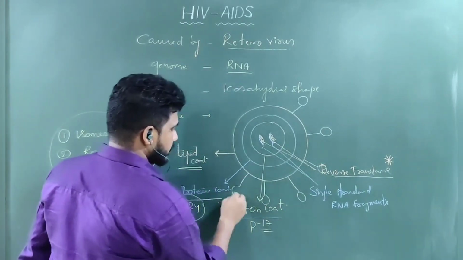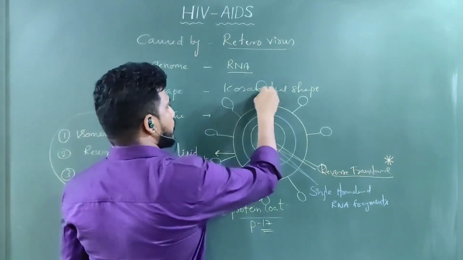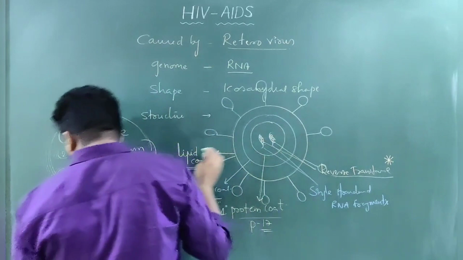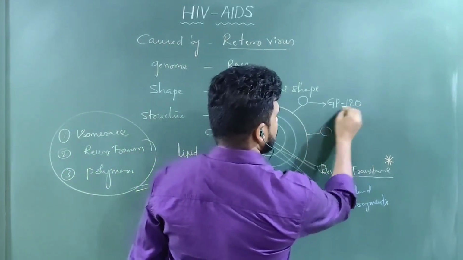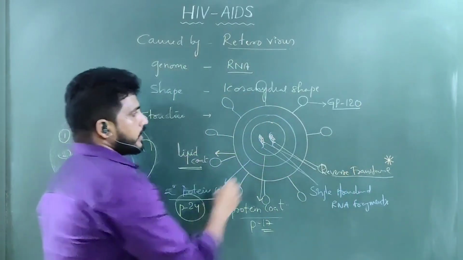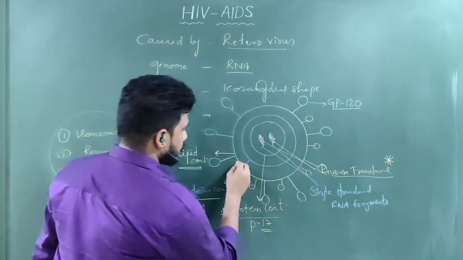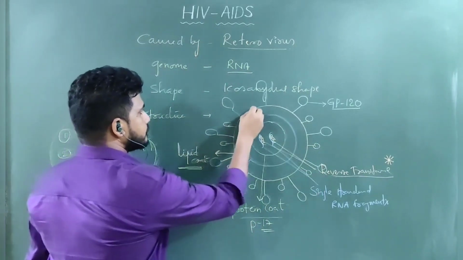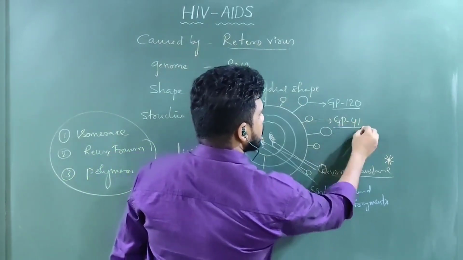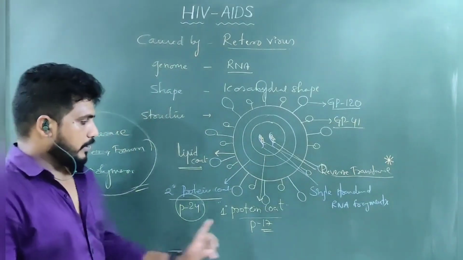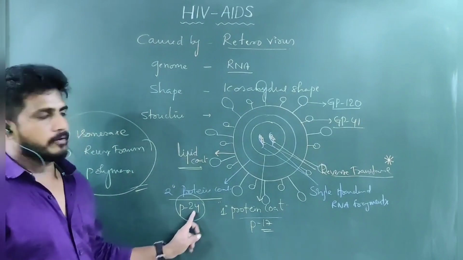So what you are observing is the complete structure of HIV. This is how glycoprotein receptors are present. They are called GP120. Between the GP120, other glycoprotein receptors are present. They are shorter, and they are called GP41. GP means glycoprotein. P17 means protein coat 17, whereas this is protein coat 24.